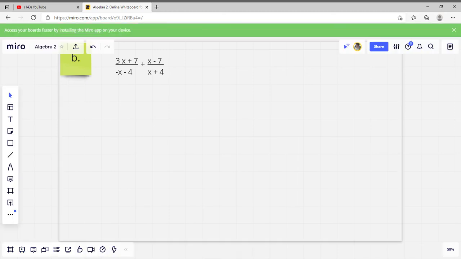Next one. This guy we want to get rid of. So if we turn all of this top negative, then we can turn that positive. If I did a negative there, that would make this positive and this positive, the whole bottom. And then I could make all of these negative in there.